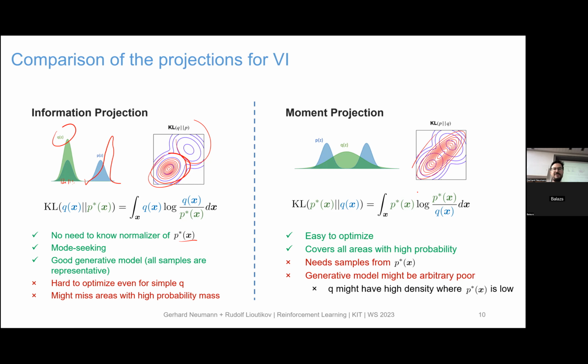In comparison to this one, where we would try to cover both solutions where the reward is high, but we are somewhere in the middle where it could be arbitrary. So again, in reinforcement learning, we also want to have a distribution, which is a policy that generates good samples, isn't it? And that's exactly the case on the left.